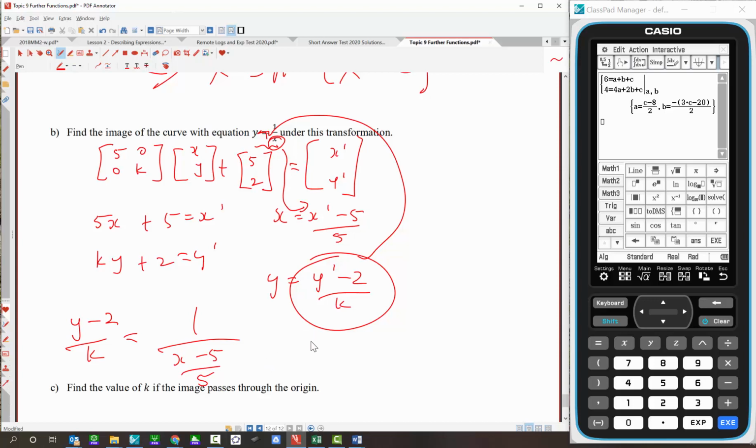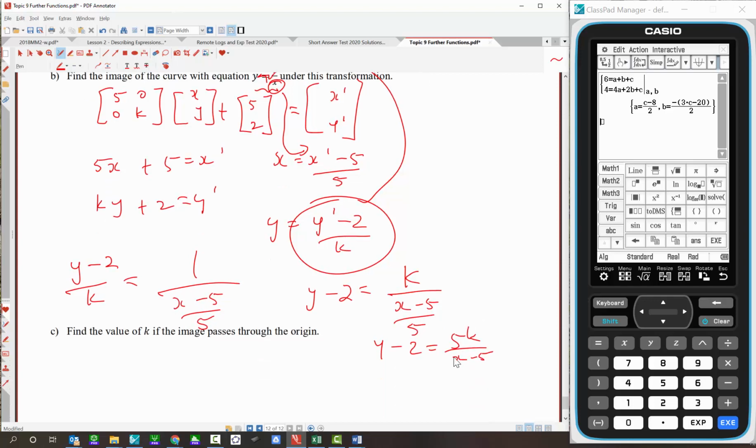All right, so that's going to be y take 2 equals k over x take 5 over 5. That's divided by that, so it's multiplied by the reciprocal of that. So that's going to be y take 2 equals 5k over x take 5. And that's going to be then y equals 5k over x take 5 plus 2.